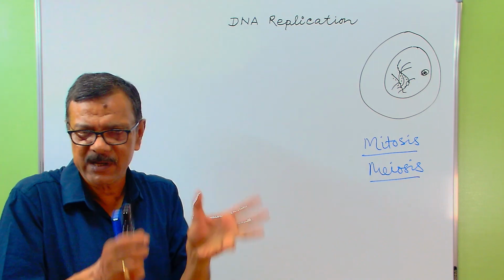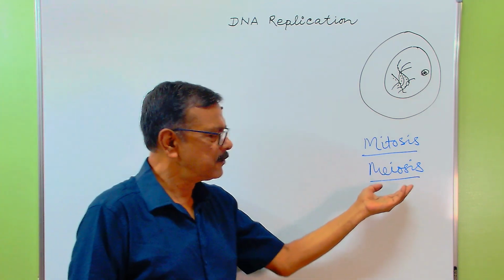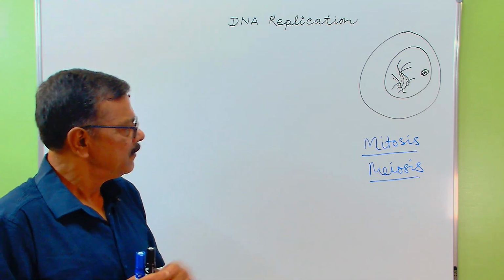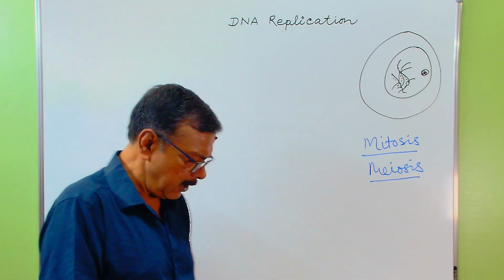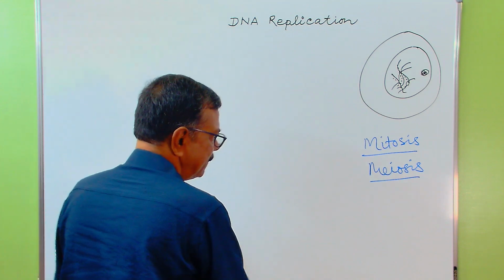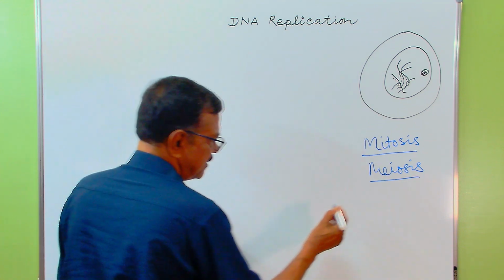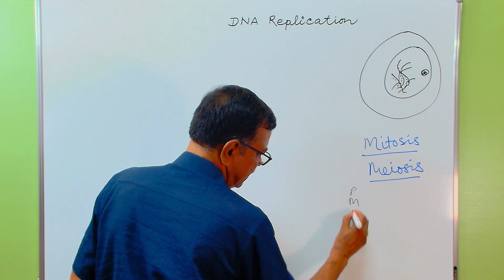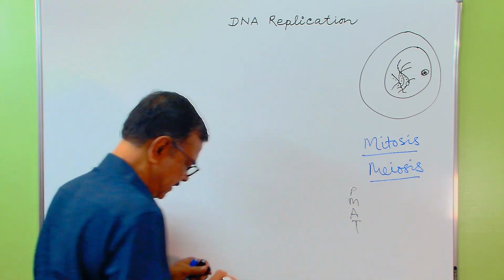In mitosis, two cells are produced, and in meiosis, four haploid cells are produced. How are they produced? Because we know that there are stages known as prophase, metaphase, anaphase and telophase.